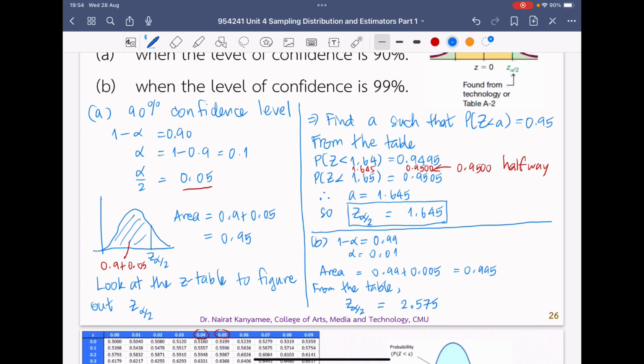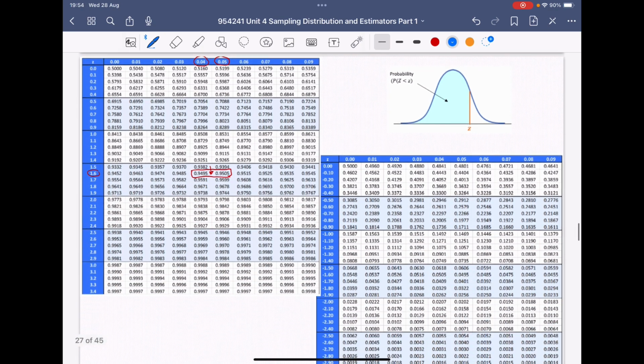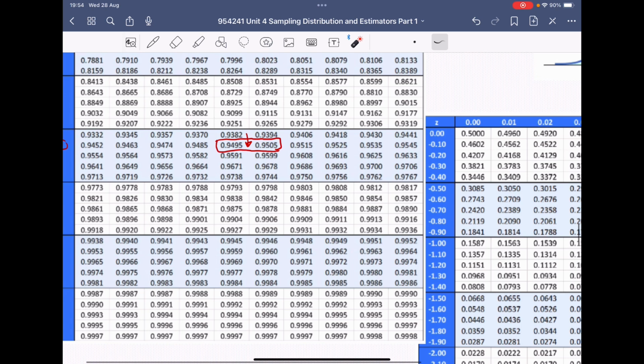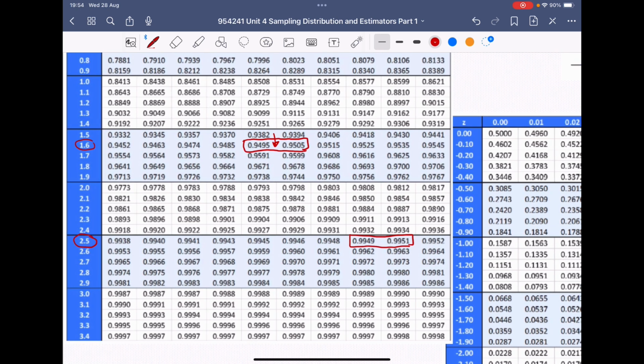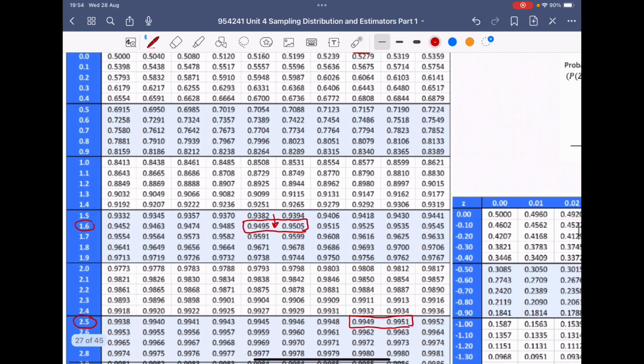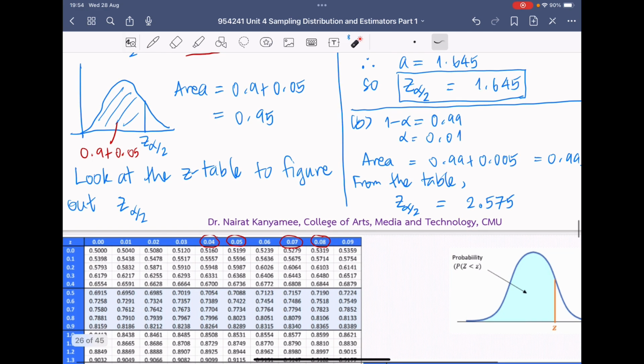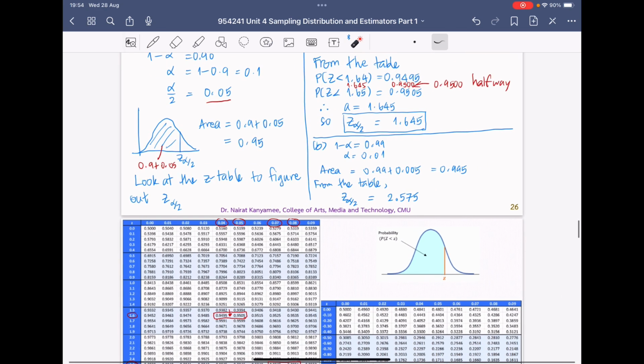You can go check it out. 0.995 here. See? Halfway of 2.57 and 2.58, see? 2.575, right? Look at that. All right, that should be it.